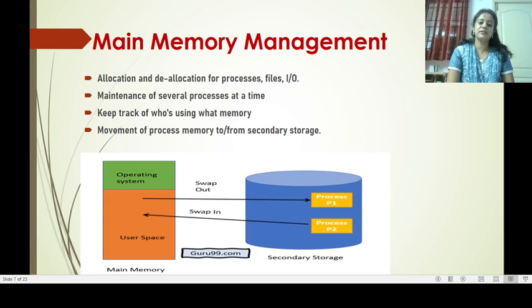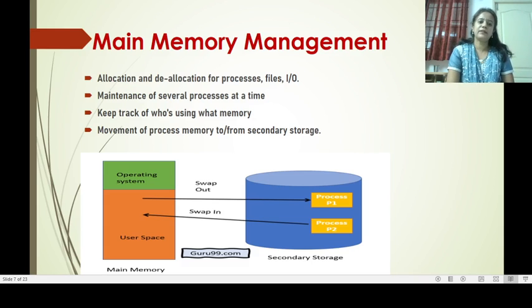There is a situation sometimes where the process is not executing, it is waiting for the input output devices. In such a situation, the operating system should swap that process from the main memory to secondary storage and allocate main memory to another running process, because otherwise there is a wastage of main memory. The constraint with the main memory is that its size is very small.